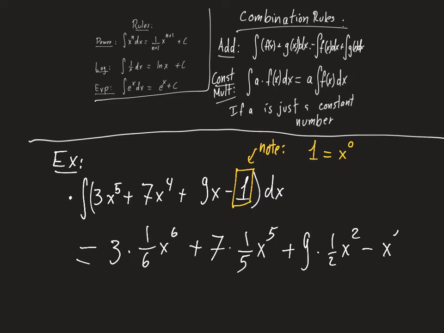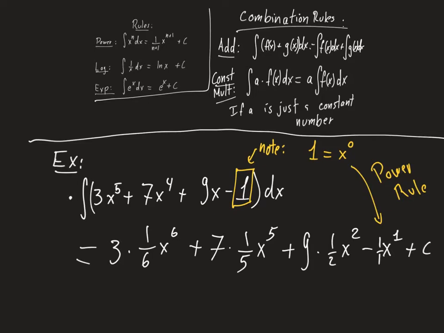We have x to the power 1, and then we're dividing in front by the new power. So the integral of 1 is x. And don't forget your plus c.